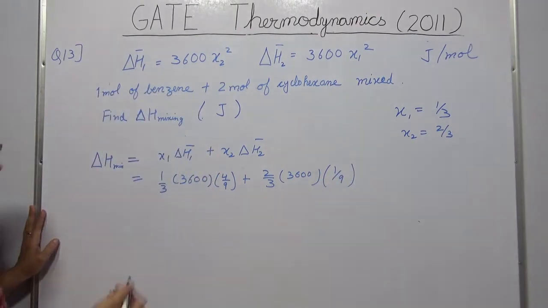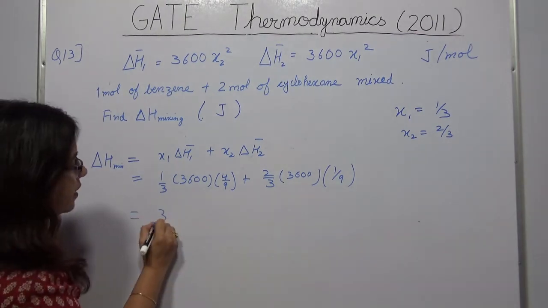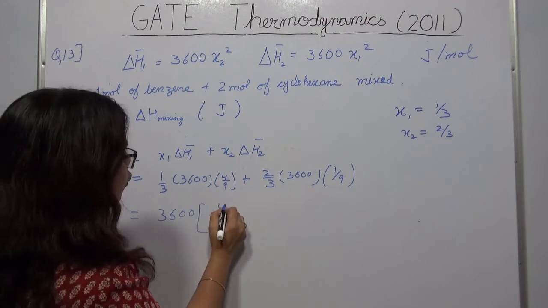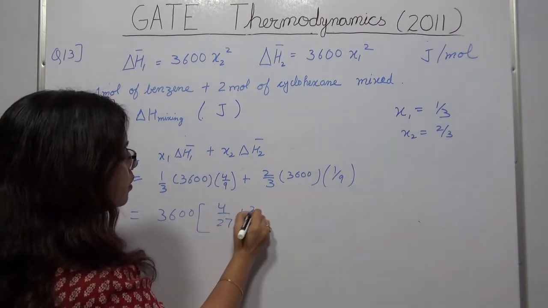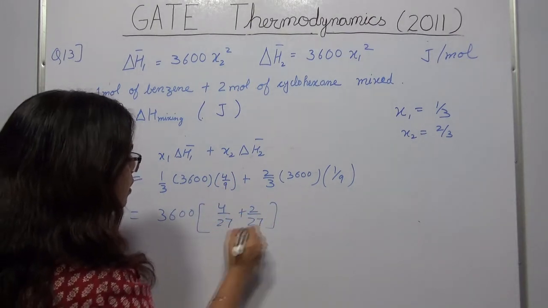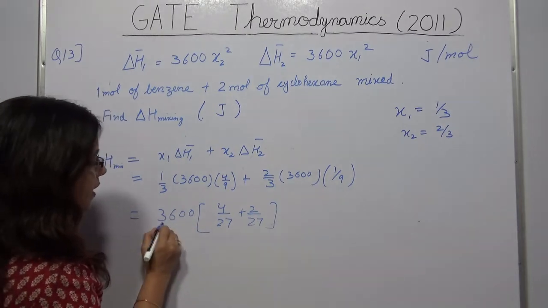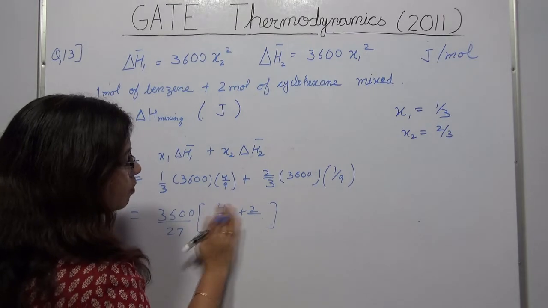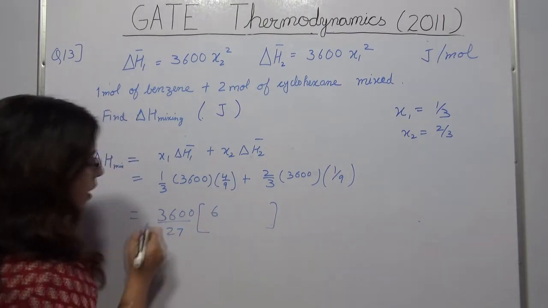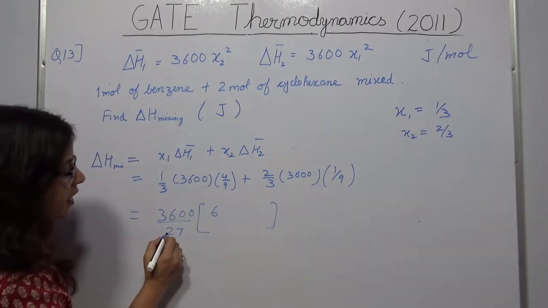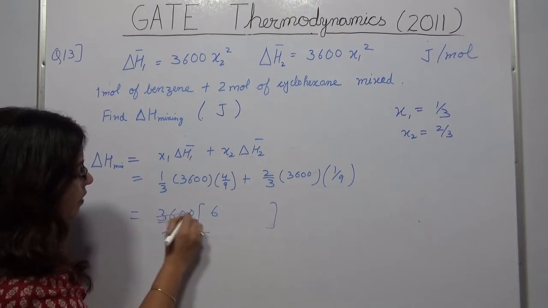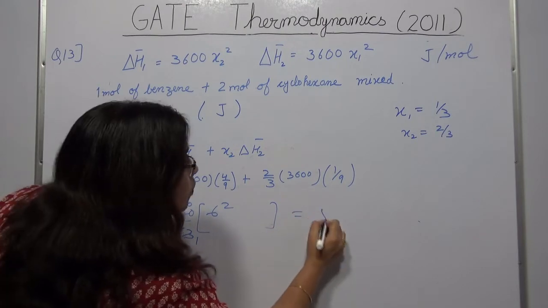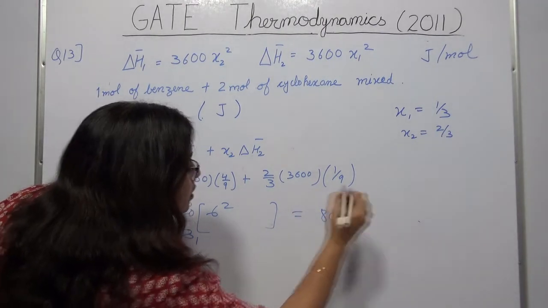Solve this: 3600 I can take out. What I get is 4 upon 27 plus 2 upon 27. 27 again I can take out. Then this will be 4 plus 2, 6. Further simplify it: 9 3s are 27, 9 4s are 36, so 400. So this is equal to 800 joules.